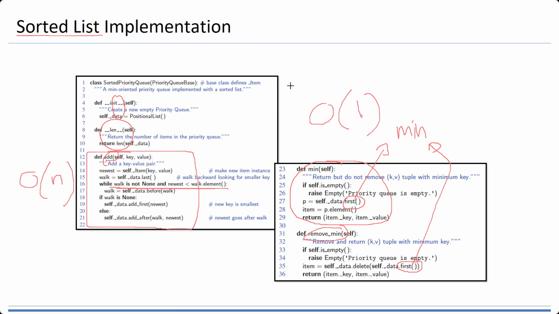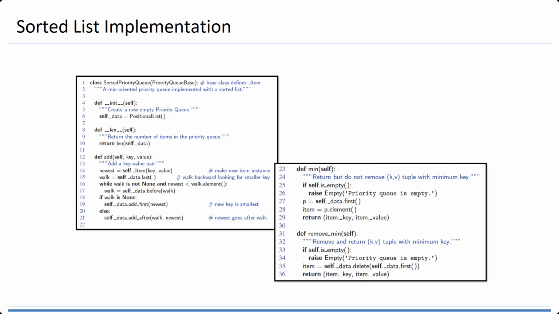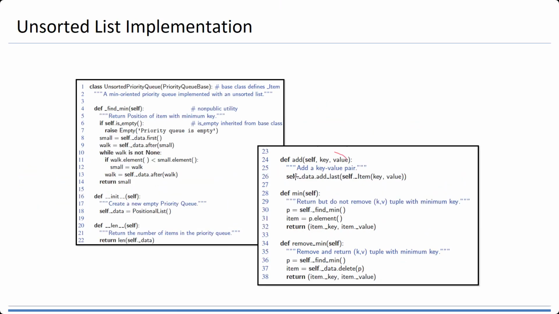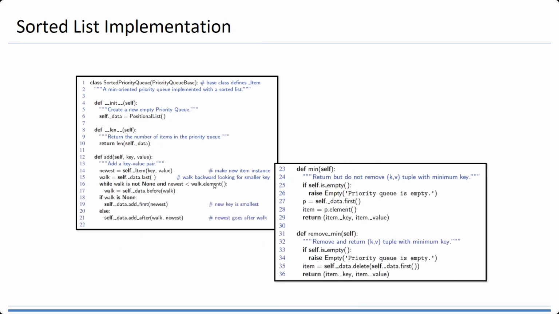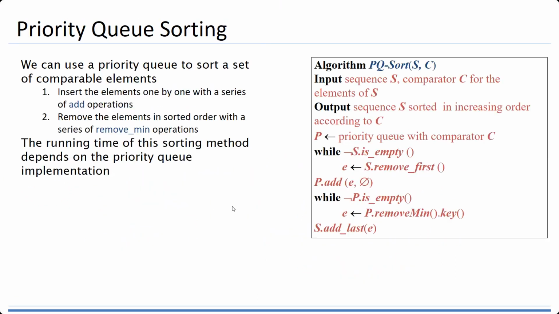So both of them have a benefit: whether you want to add with n times and find the minimum with O(1), or you want to add with O(1) and find the minimum with n times.